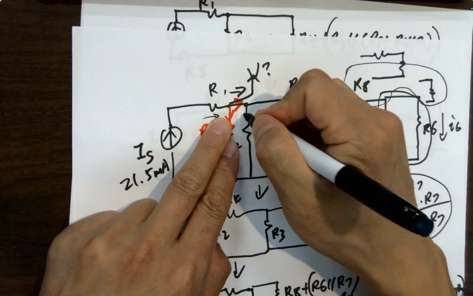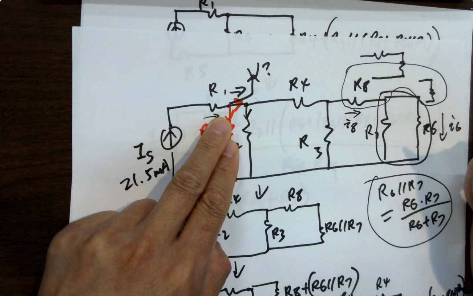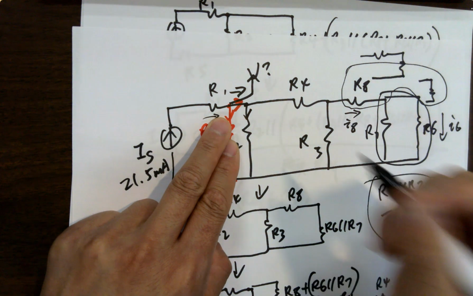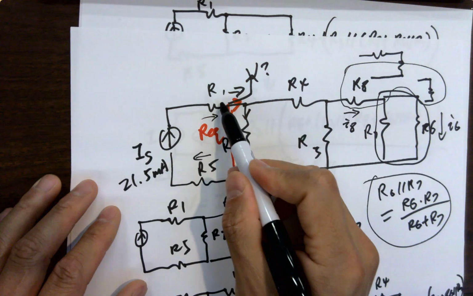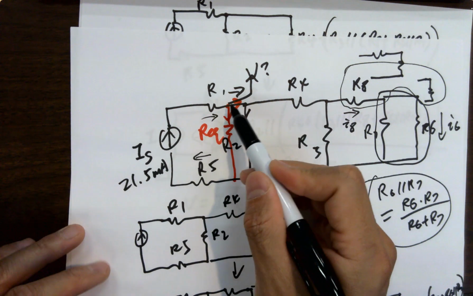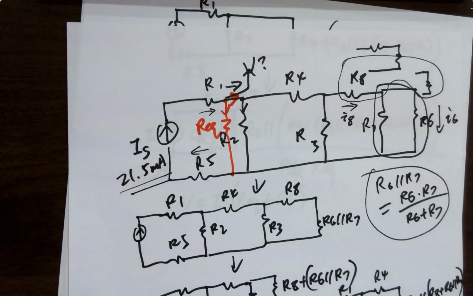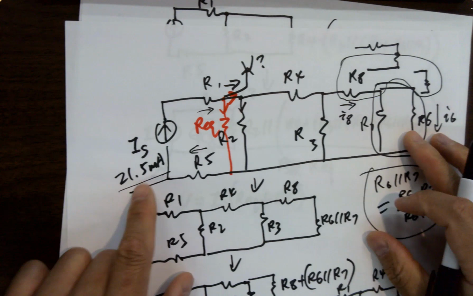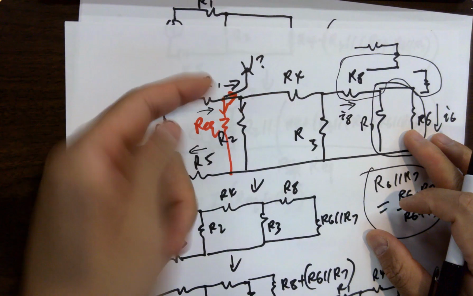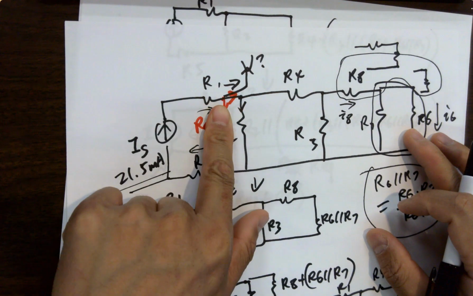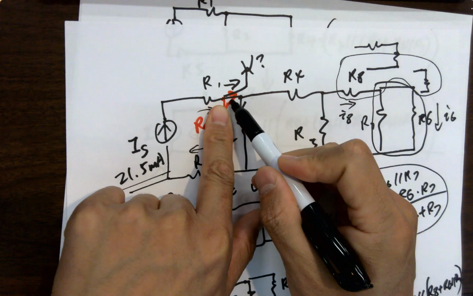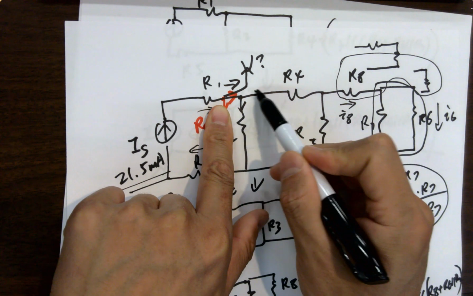Can you calculate the current here? Yes, voltage divided by the resistance. If you know the current here, do you know the overall current? It's just this current, that's the total current. You know the overall total current, you know this branch current, can you calculate this current?